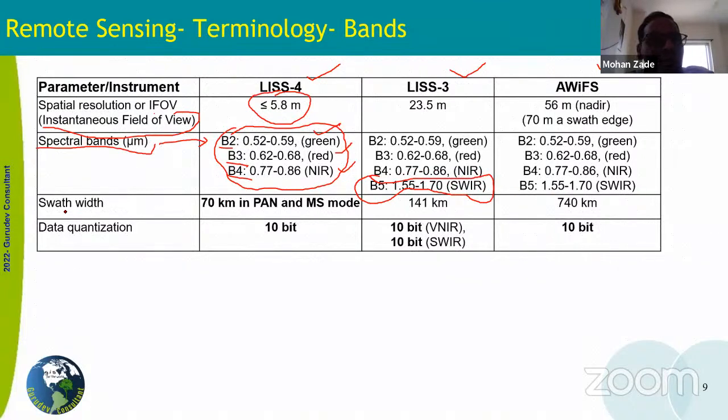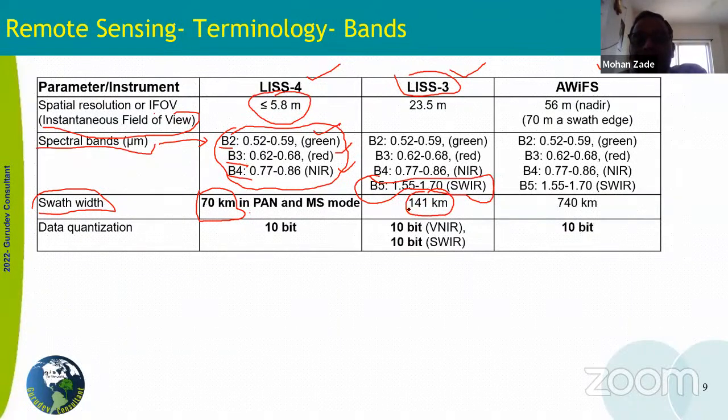Similarly for these. Now swath width is nothing but the maximum width that the camera of that Landsat 4 can take the image. So at one time, this Landsat 4 can capture 70 kilometer by 70 kilometer, and Landsat 3 camera can capture at once a 140 kilometer by 140 kilometer image.